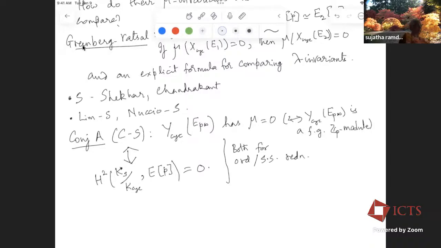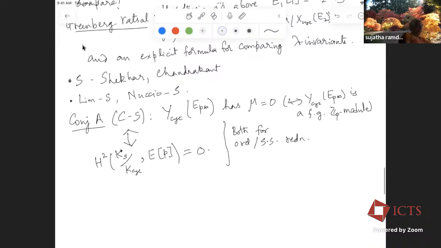This was a conjecture. This conjecture is known in a large number of cases. And then in recent years, some of my students and postdocs and others have done arithmetic statistics in the sense of what is the proportion of primes for which this is true, and so on. And Greenberg and Wuthrich, their method of working with this is to introduce a residual Selmer group, which I'm going to write Selmer of E[p].